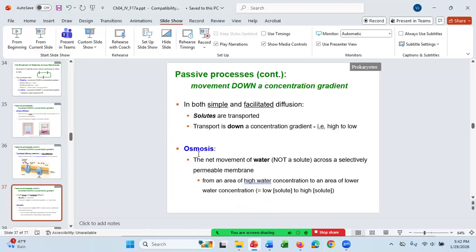So osmosis does not happen in the absence of a membrane. That would just be simple diffusion if it's the absence of a membrane. But if water moves into the cell across the membrane, it will happen by osmosis, where the water molecules will move from areas of high concentration to areas of low concentration. Any question about any of that?